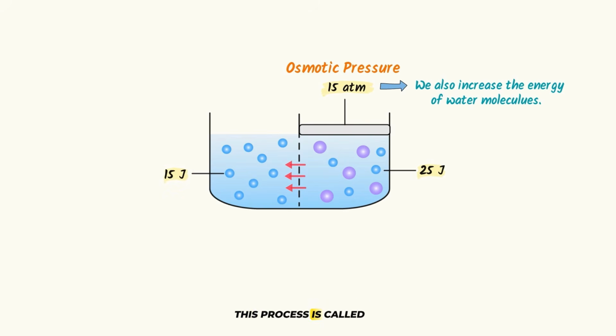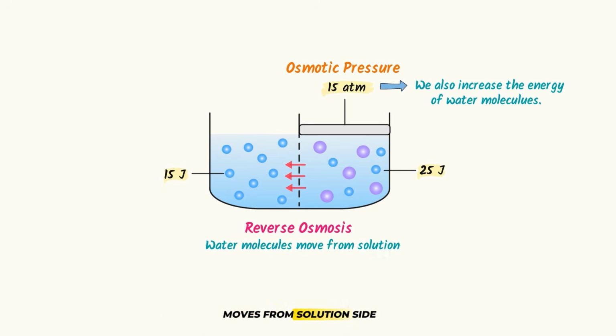This process is called reverse osmosis. It is because water moves from the solution side to the pure water side. Therefore, remember that when external pressure is more than osmotic pressure, it is called reverse osmosis. Also note it down that to purify salty seawater, we use reverse osmosis.